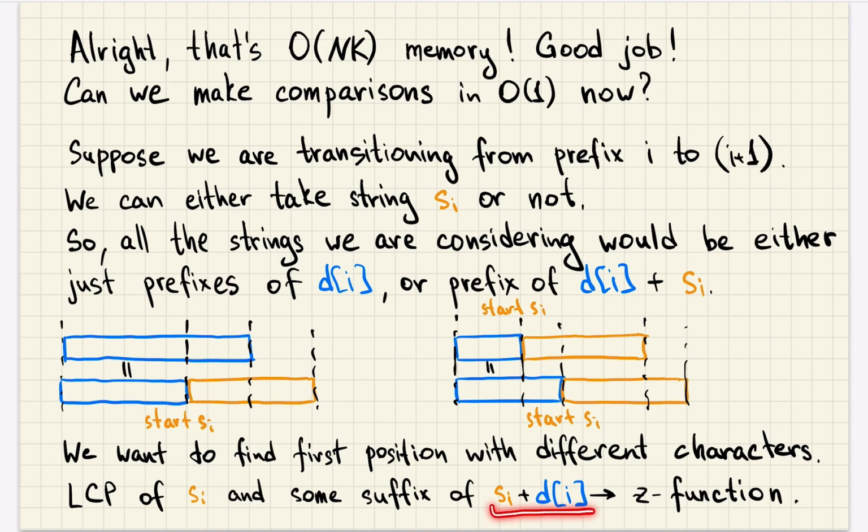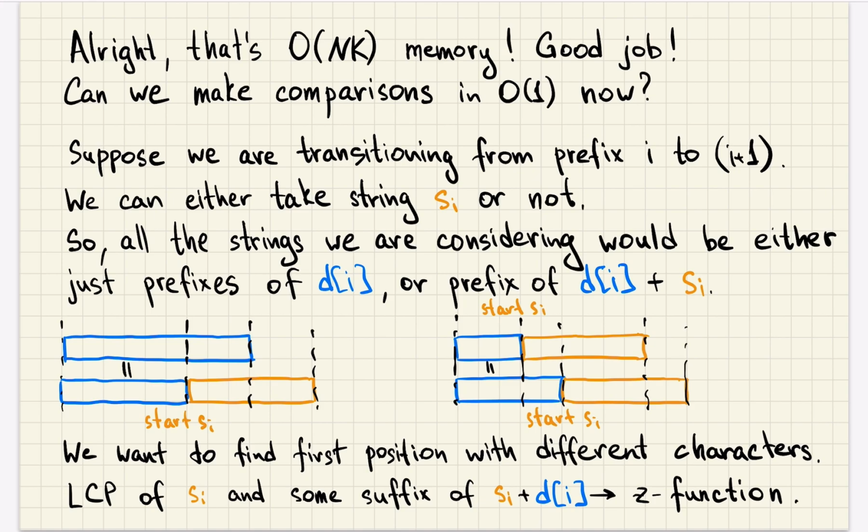So let's look at this string, the concatenation of s_i and d_i in this order. Basically, our queries are, for a suffix of the string, calculate the longest common prefix with this whole string. Well, we only need it with s_i, but this whole string is also good, we will be able to calculate what we want.